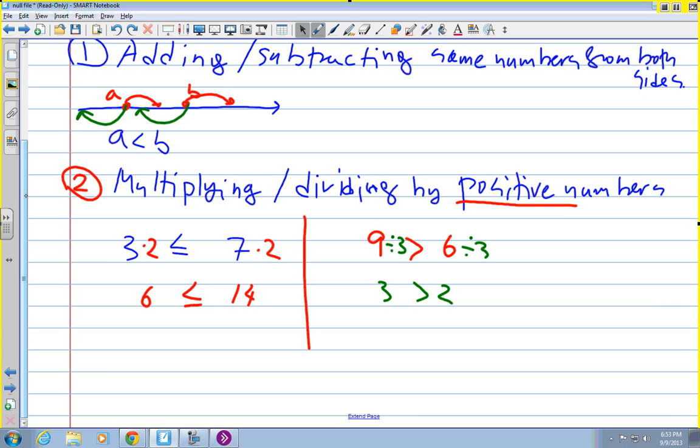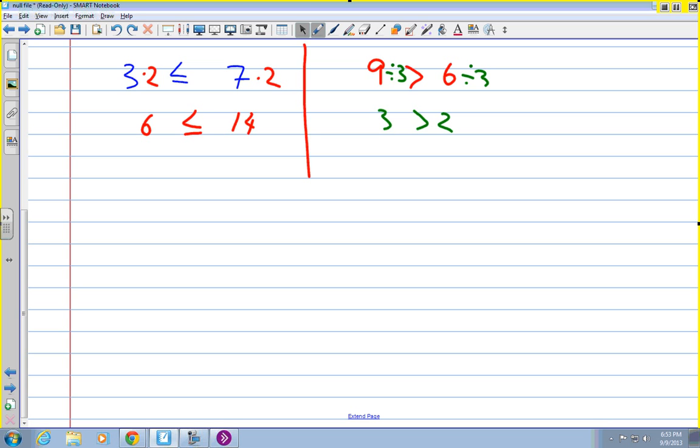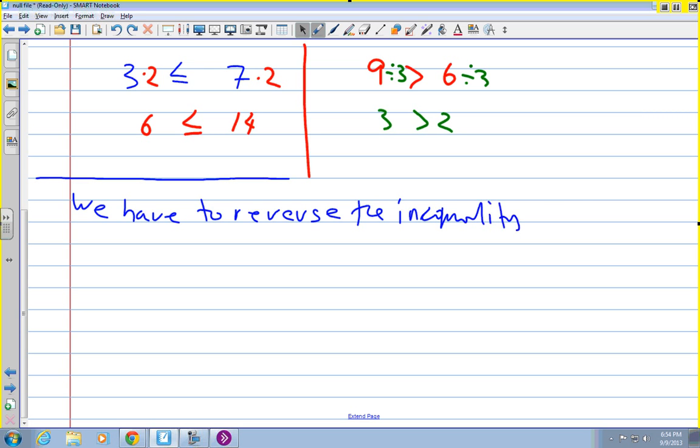Now, when you have to reverse the inequality is when you multiply or divide by negative numbers. So we have to reverse the inequality sign when multiplying or dividing by negative numbers.